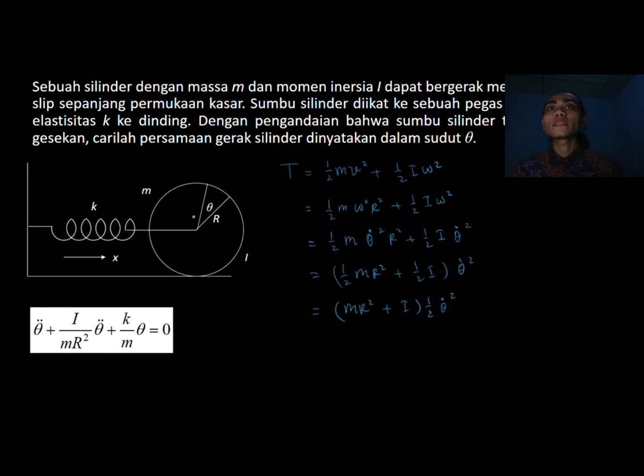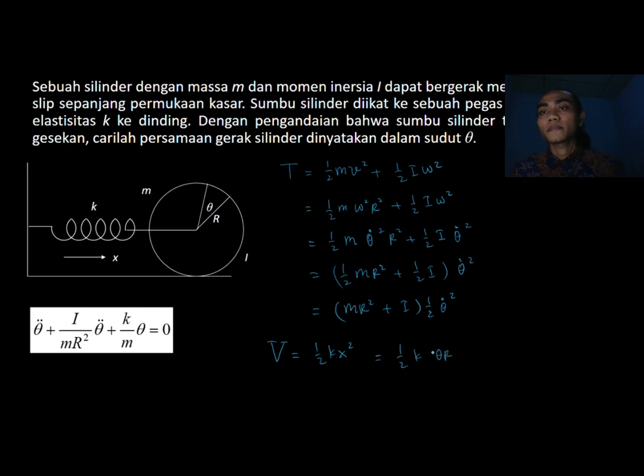Here, the rotation doesn't have any potential energy, but the spring, of course, as you know, has potential energy, which is half k x squared, where x can be denoted as theta r. So we have these equations here.